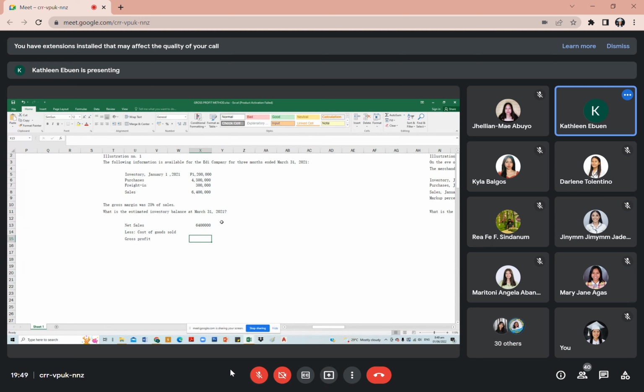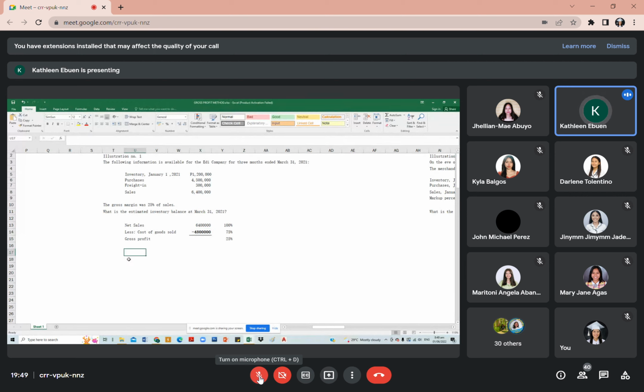Gross profit is also not given. Since the gross margin was 25% of sales, this is based on sales: net sales is 100%, and gross profit or gross margin is 25%. Therefore, cost is 75%. So 6,400,000 times 75%, how much is that? 4,800,000. Okay, 4,800,000. I will no longer put the gross profit, because the important thing we take is the cost of goods sold.